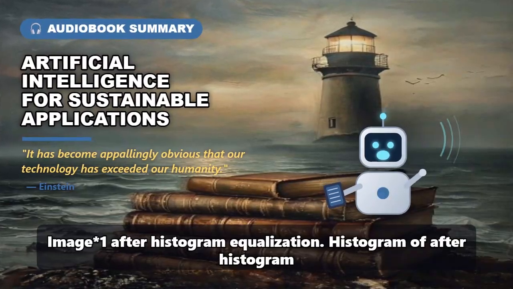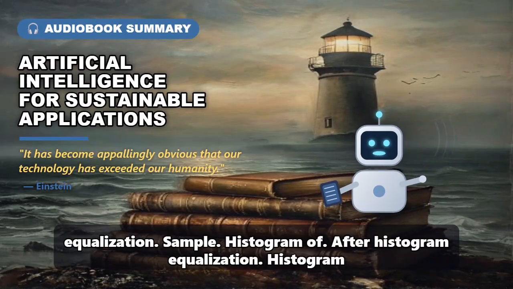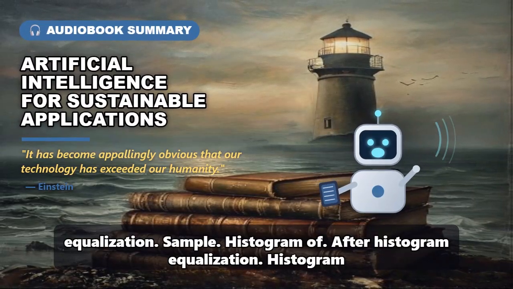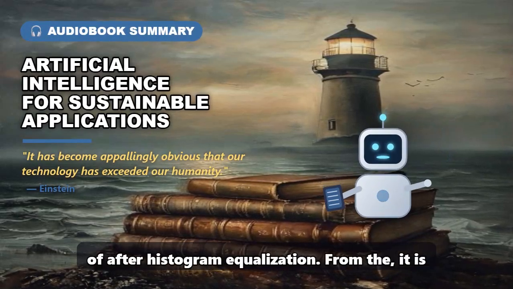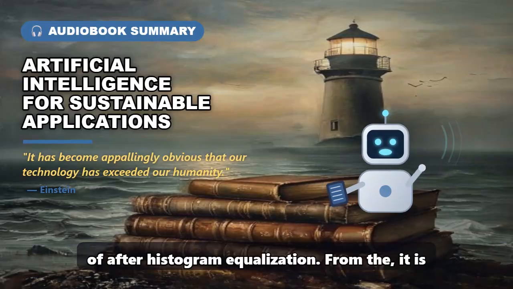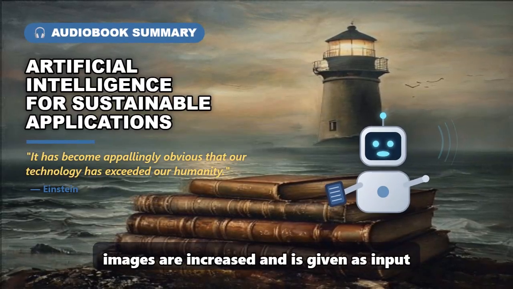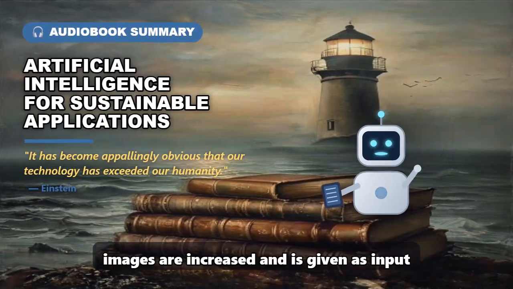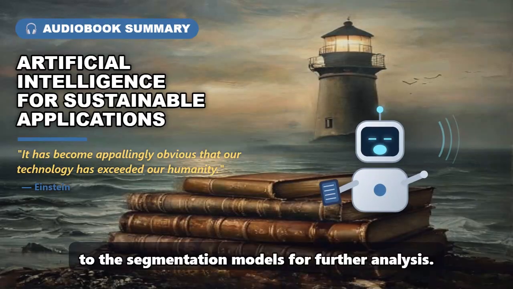Histogram of image 2 after histogram equalization. From it, it is shown that the contrast of the given X-ray images is increased, and they are given as input to the segmentation models for further analysis.